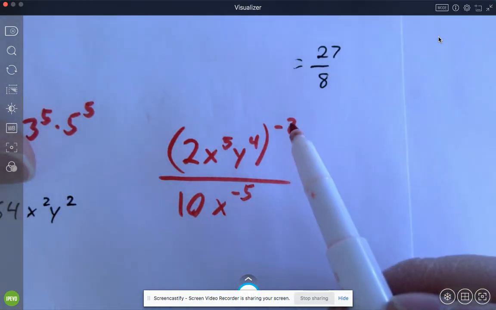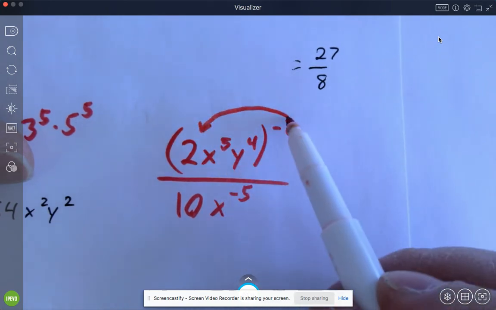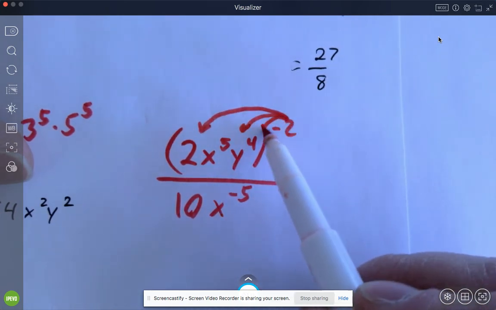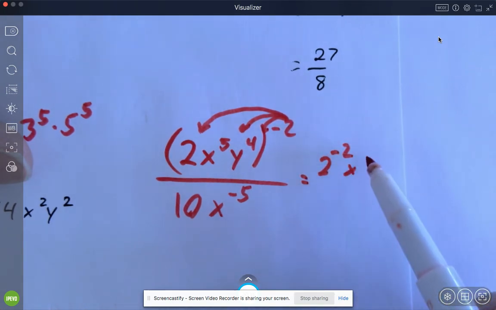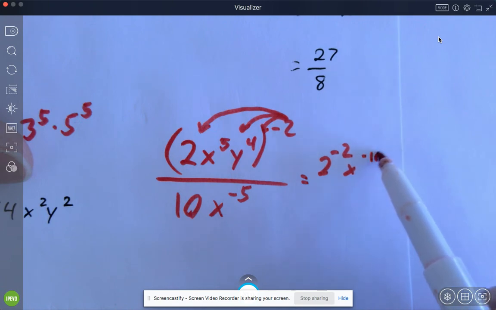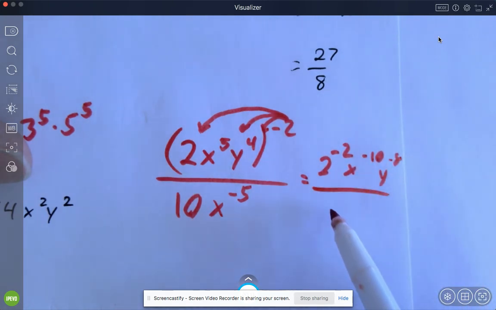Just know that the negative 2 goes to here, to here, to here. So this would be 2 to the negative 2, 5 to the negative 10, y to the negative 8, and then 10x to the negative 5.